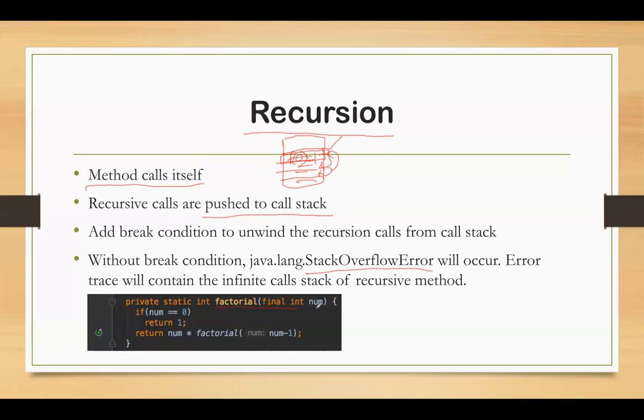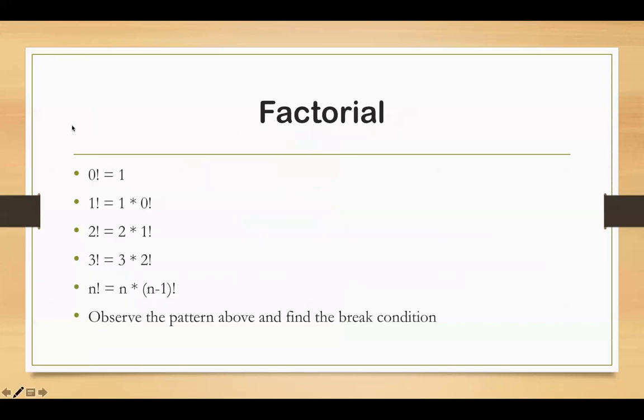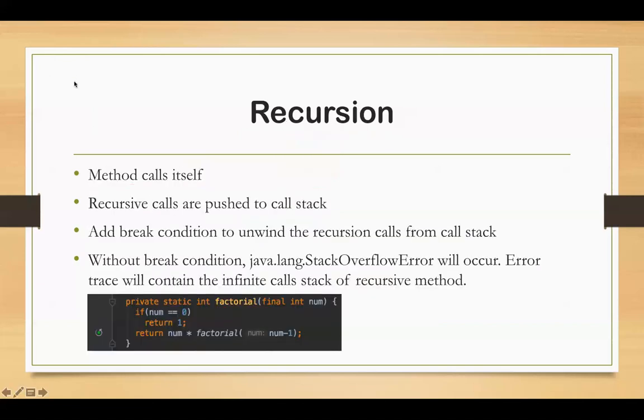using recursion, we will refer to the example we saw in the previous slide. I'll just write it over here: 0 factorial was 1, 1 factorial was 1 into 0 factorial, 2 factorial is equal to 2 into 1 factorial, 3 factorial is equal to 3 into 2 factorial.